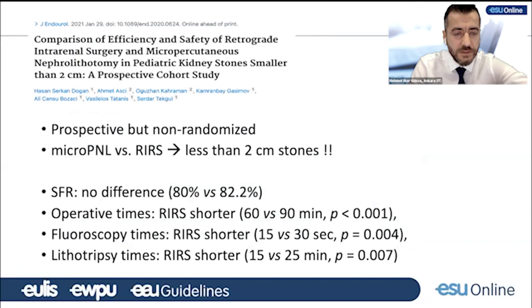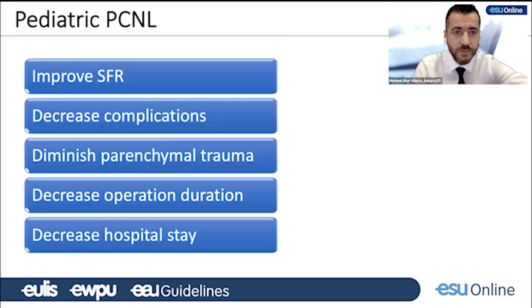This study, very recently published, compared micro PNL and flexible ureteroscopy for stones less than 2 centimeters. Again, the stone-free rates of the 2 surgical procedures were the same. However, the operative times, fluoroscopy times, and lithotripsy times were all shorter in favor of flexible ureteroscopy.